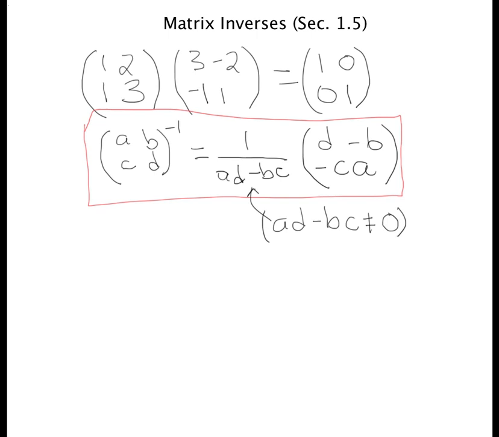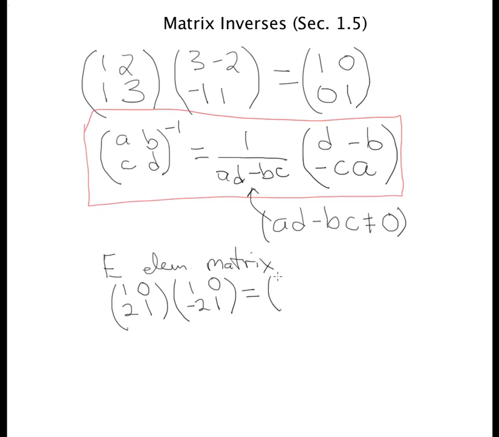Okay, now we're going to do an important class of examples. Let's suppose that E is an elementary matrix. Let's just do a very simple 2 by 2 example. The basic elementary matrix is this one, and obviously, or by the formula above, its inverse is this matrix.